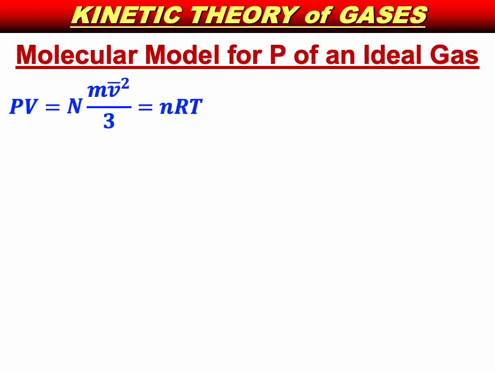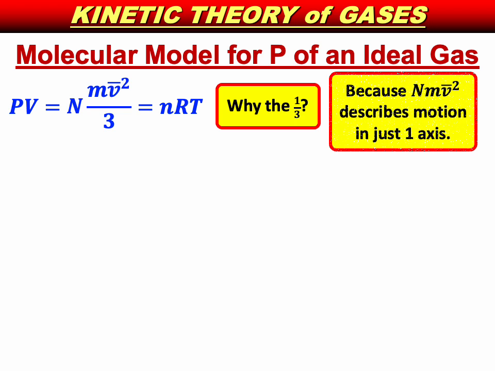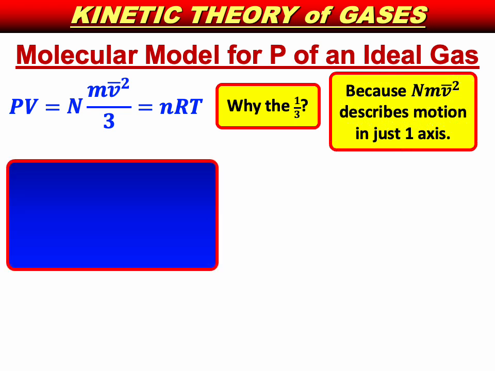So there it is again. So let's talk about the fact that there is a 1/3 in there. The reason that we are dividing by 3, why there's a 1/3, is because this equation as it's written is only describing motion of a particle in one axis, so like the x-axis.